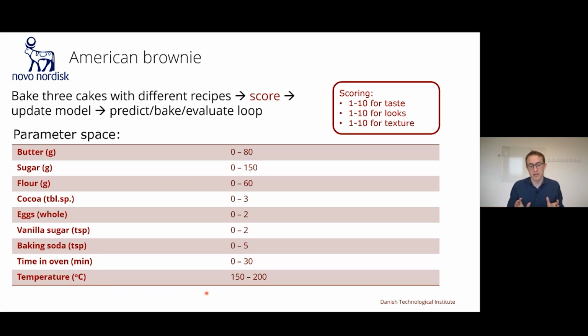But if we don't know a lot, then we might not be sure whether we even need vanilla sugar or not, and we don't know the upper limit of how much we might want to add. So therefore, for now, we're going to set the space that we're going to potentially explore very widely. And the reason we do this is that if we set it widely, then hopefully there is a solution somewhere in there.